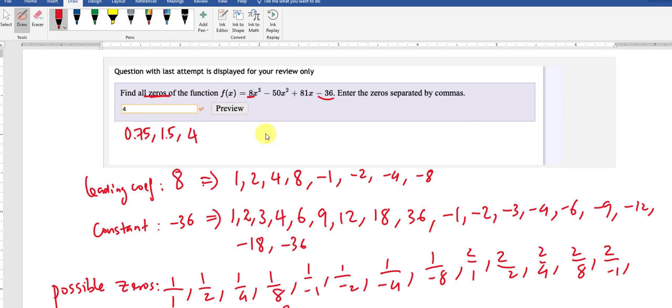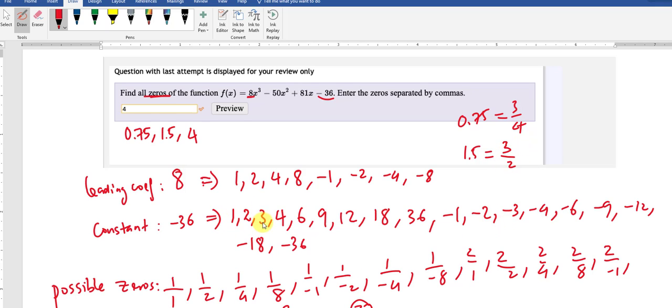Now 0.75 is equal to 3 over 4. And as you can see, if you keep going for the ratio, we see the 3 for the factor of the constant, and the 4 here. So later on you have 3 divided by 4 as well. And then the other one, 1.5, so 3 over 2.